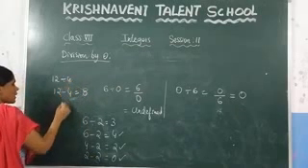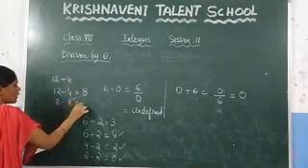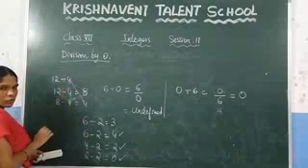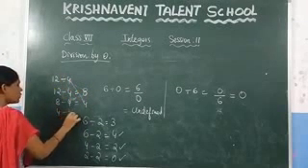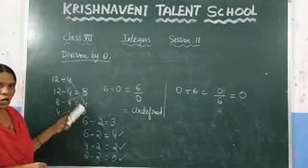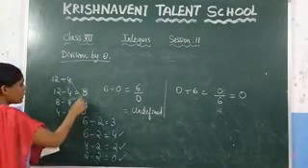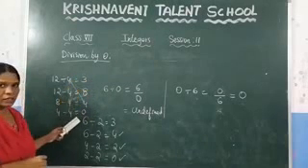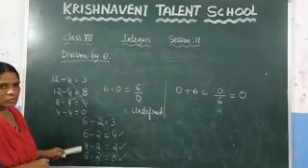Again, subtract 8 minus 4. What are you getting? 4. The result is not 0. Again, subtract 4 minus 4. Now you are getting 0. How many times have we done it here? 1, 2, 3. So the answer is 3. Like that, you can do this method.